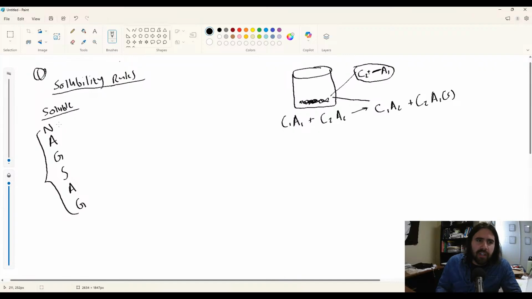Okay. So the first batch here would be nitrates. Anything with a nitrate attached to it, and that would be an NO3, anything with a nitrate attached to it, that's going to be soluble in water. Next up, we have our acetates.